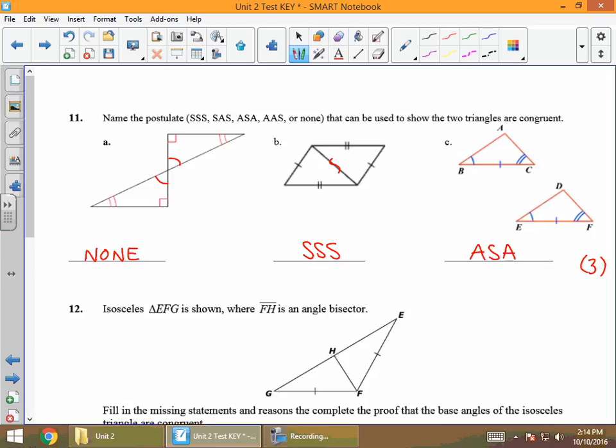If I would have had AB congruent to DE, then it would have been side, angle, angle. Or angle, angle, side, whichever one. Or if I would have had AC congruent to DF, then I would have had angle, angle, side. But because that is an included side, it is in between angle B and angle C, then it is ASA.